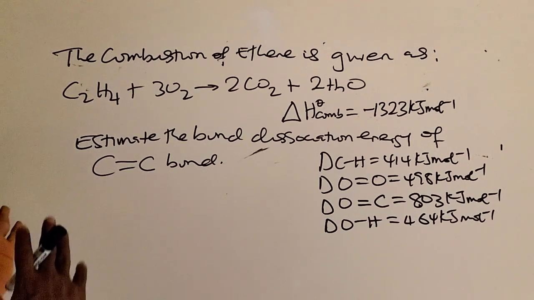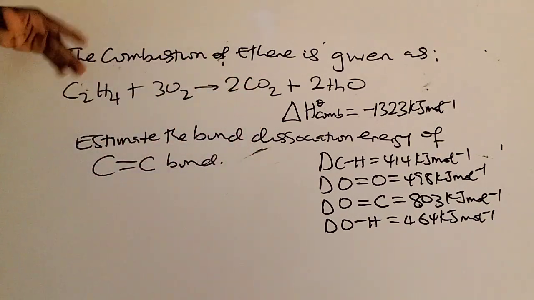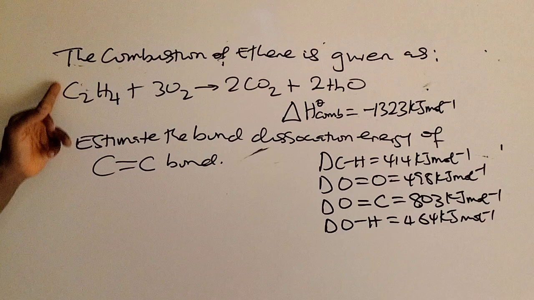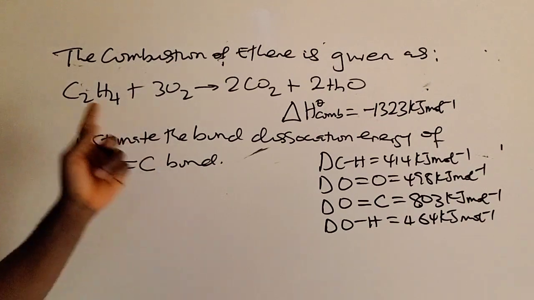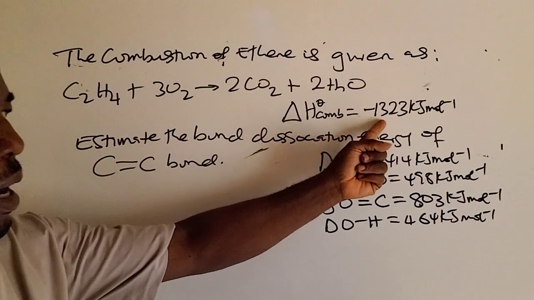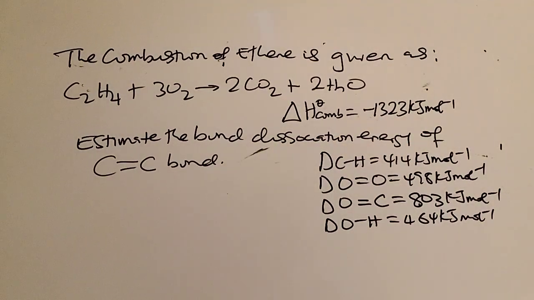So it's not a product we're talking about now, we're talking about a reactant. The amount of heat obtained when 1 mole, which compound are we talking about here? C2H4, burning in oxygen. How many moles of C2H4? 1 mole. So the amount of heat liberated by burning 1 mole of C2H4 in oxygen is this amount of heat, 1323 kilojoules of heat energy was liberated.